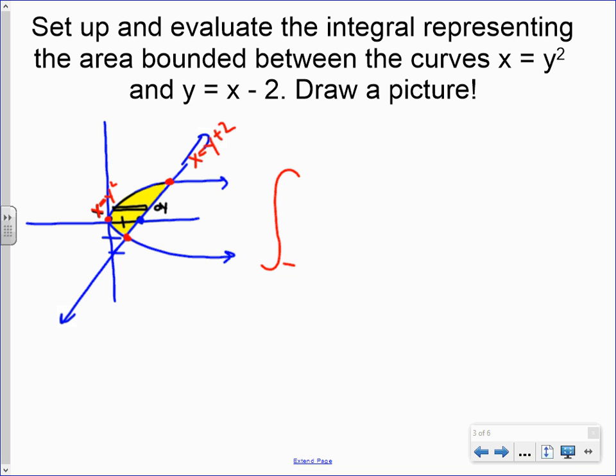Okay, so that y value is -1. What is this y value up here? 2. So we need to go from -1 to 2 of our right function, y plus 2, minus our left function, y squared. Now we only have one integral to solve. That's nice, isn't it? That's really nice.